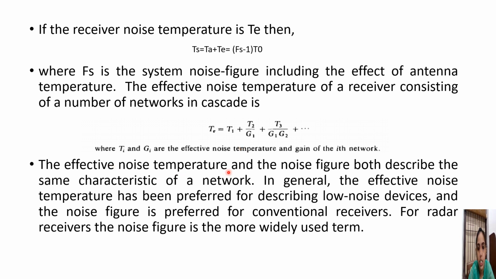So the effective noise temperature and the noise figure both describe the same characteristic of a network. In general, for low noise devices we use the term effective noise temperature, and for an ordinary conventional receiver, which has many other types of clutter noises etc., we prefer the term noise figure. Okay, so for radar we usually prefer the term noise figure.